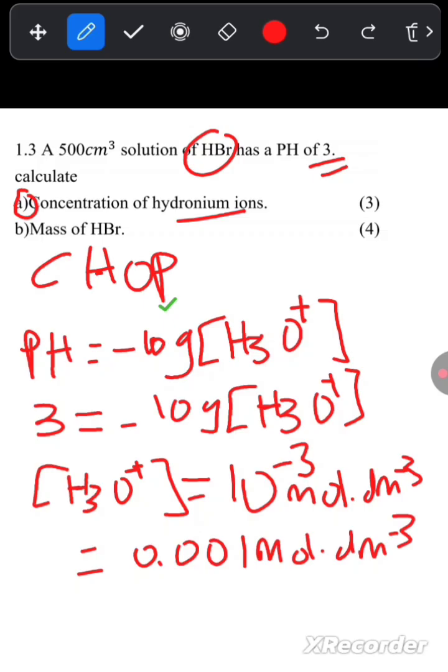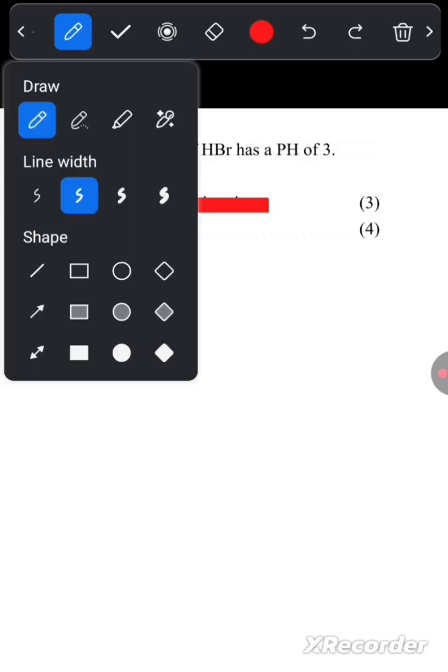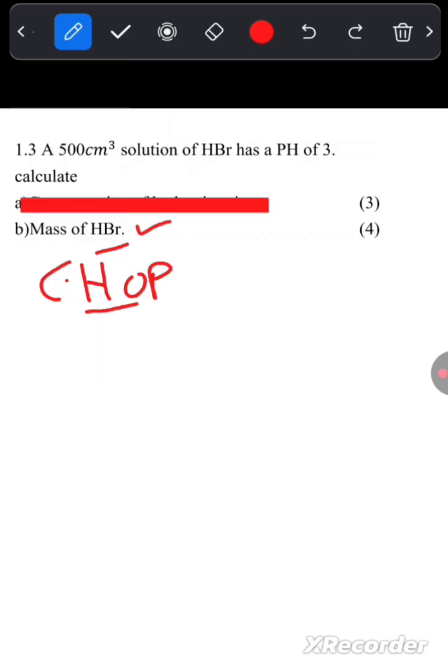We go to the next question. We are now addressing the other one. We now want to calculate the mass. Right. Now, from the CHOP formula, we already calculated the concentration of hydronium ions.